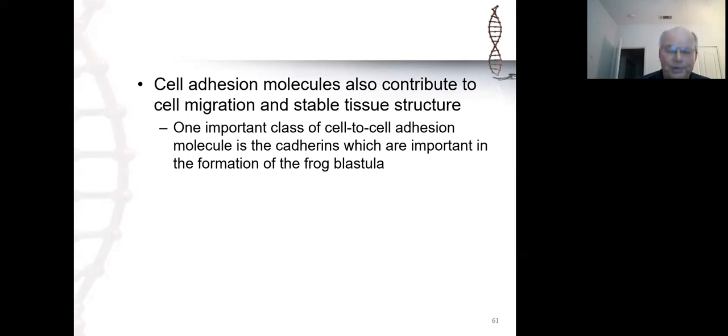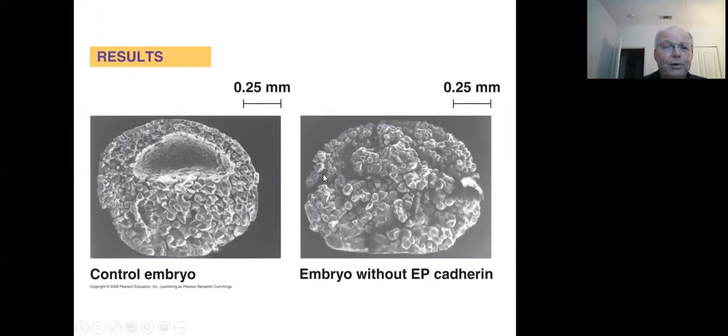And these are important at various stages during the development of the embryo. And the particular cadherin that I'm going to show you the experimental results for is one that's involved in forming the blastula and then obviously from there, subsequently the gastrula. So let's take a look at what happens.